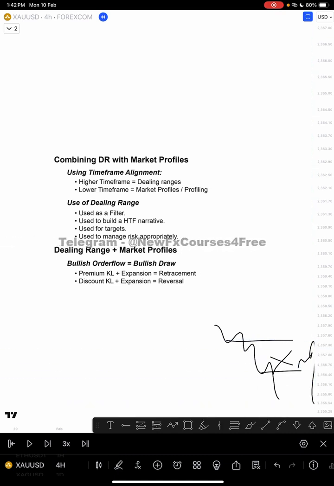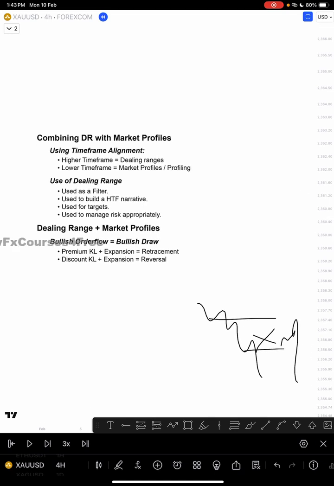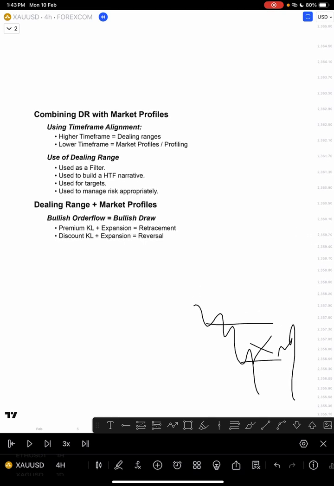It can be used as a filter, and it can be used to build a higher time frame narrative. It can be used for targets. Remember, that was actually talked about in our last class. And it can be used to manage risks properly.